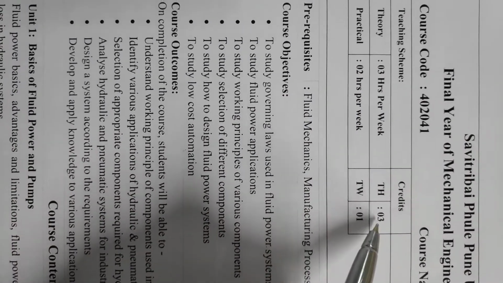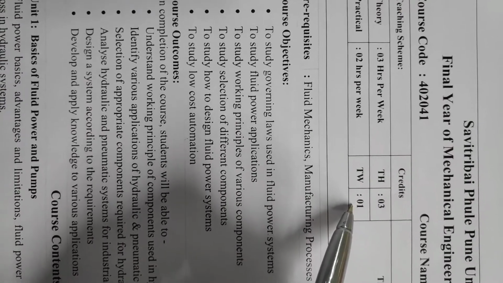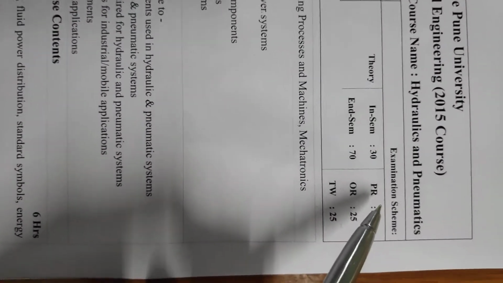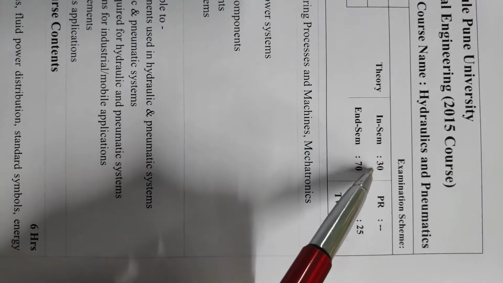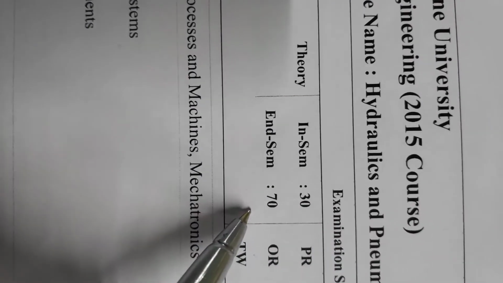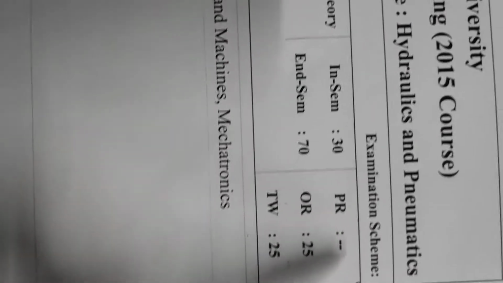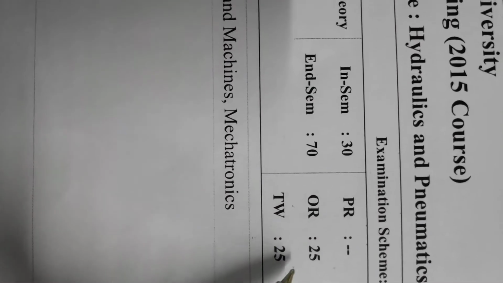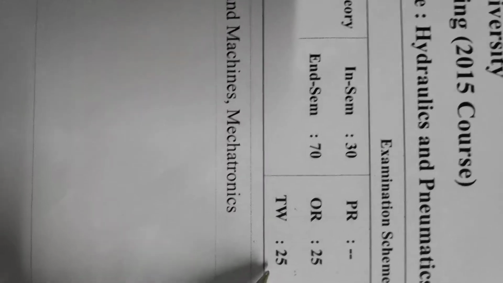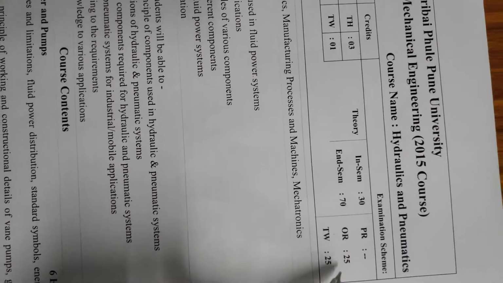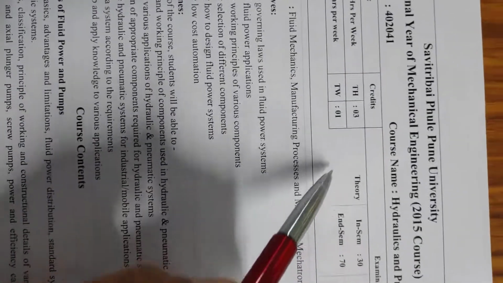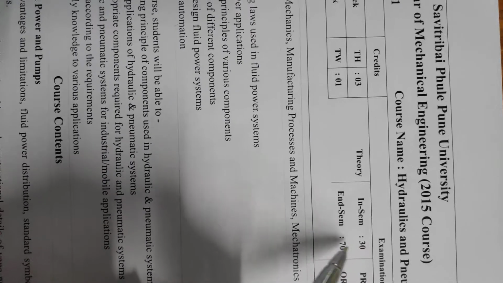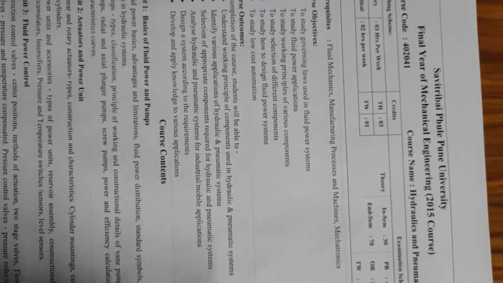Credits are 3 for theory and 1 for term work. Examination scheme: theory in-semester 30 marks, end-semester 70 marks, no practical, oral 25 marks, term work 25 marks. Theory is 30 plus 70, that is 100 marks, and the total is 150.